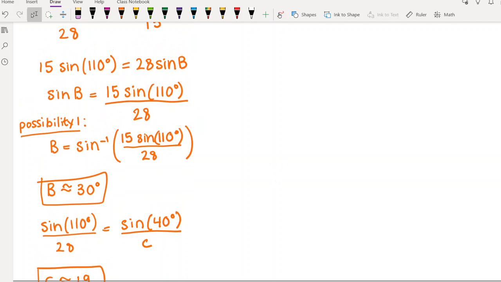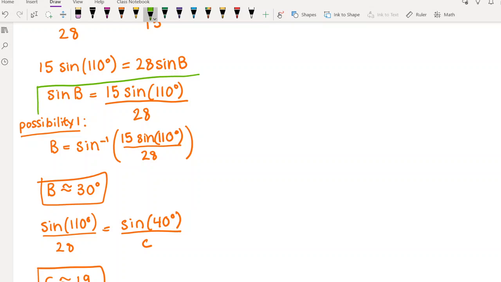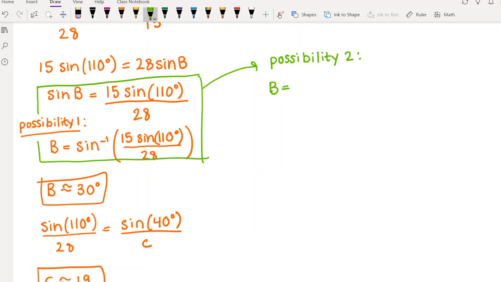Okay, so let's go back to this place where there's more than one possibility. So basically this stuff. The second possibility is that angle B is not equal to inverse sine of that stuff, but that it's equal to 180 minus inverse sine of all that stuff, 15 sine of 110 divided by 28.